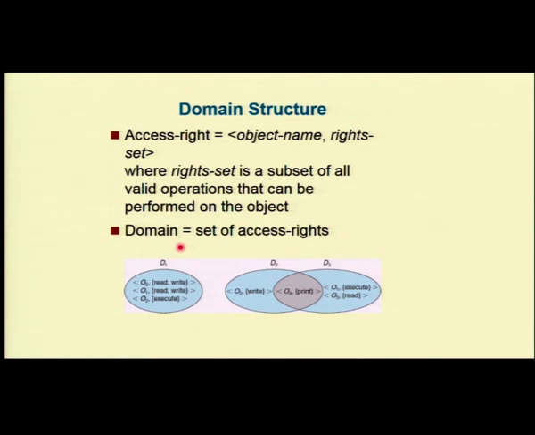Object O2 has only execute, whereas in domain D2, object O2 has a write capability only. In D3, object O3 has read capability. There is one more object O4 in the intersection of the domains D2 and D3. It is possible in theory.